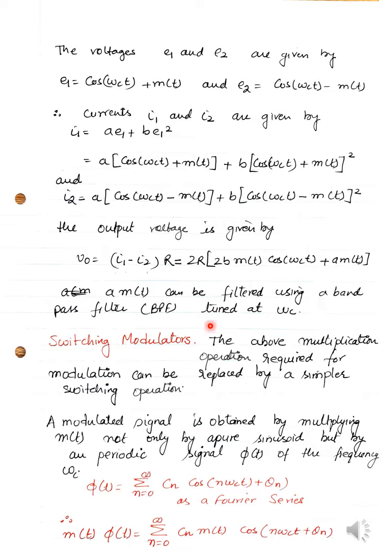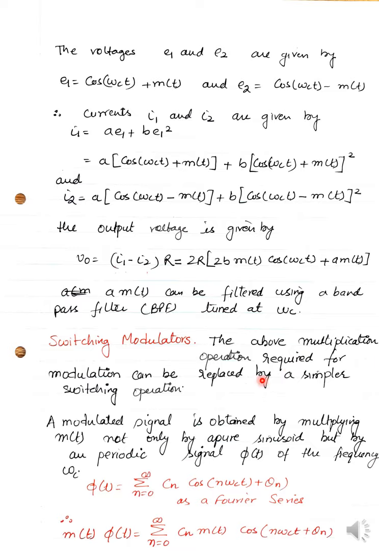So you can say A m(t) can be filtered using a band pass filter tuned at omega c. If we want to do this, we can use a band pass filter tuned at omega c, and then we will get A m(t) as output. This is not A, it's basically A into m(t), when we are using A as a constant.